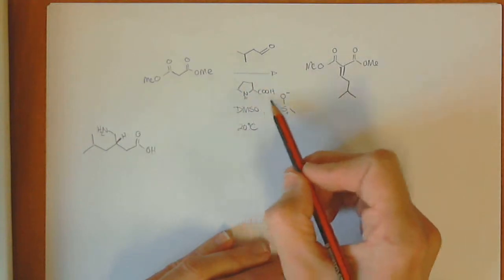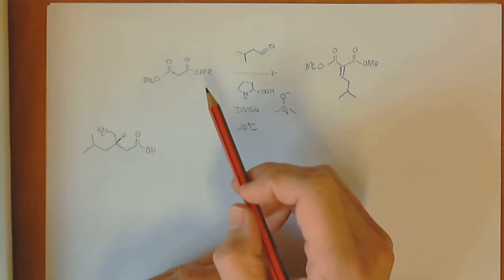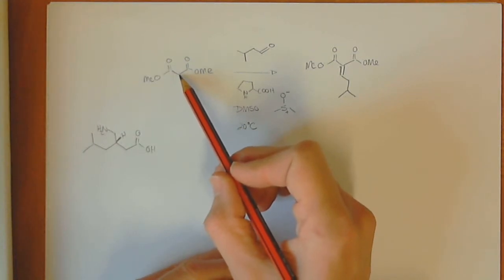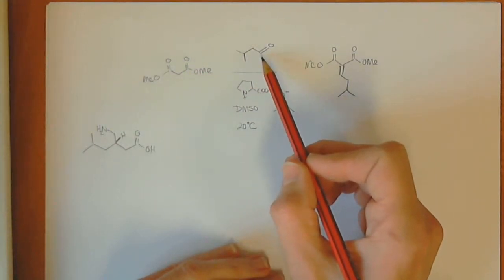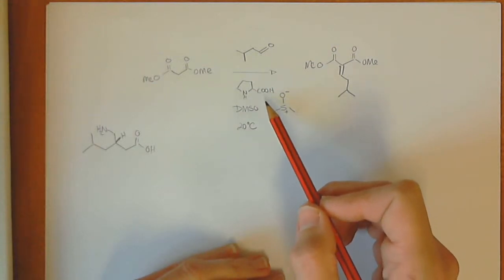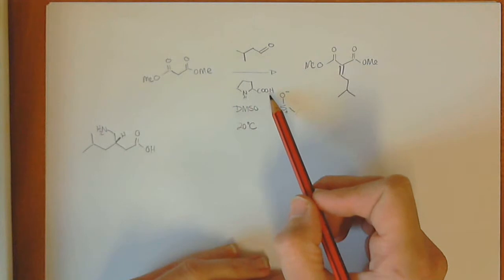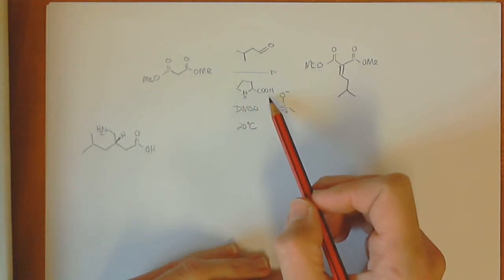It's not strictly true. Solvents are involved somewhere along the line, but for all intents and purposes, we can ignore it. But we mustn't get confused by something like this, because you are expecting to add some sort of base to deprotonate here so that it can react with the aldehyde, and this doesn't look like a base. However, it is an amino acid, and it gets to act as both a base and an acid.